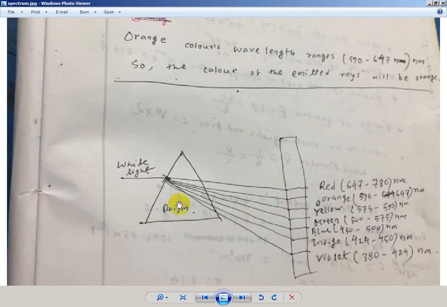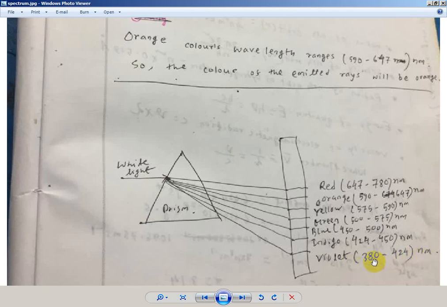If white sunlight falls on a prism, the light is split and forms a combination of colors. This is called a spectrum: violet, indigo, blue, green, yellow, orange, red. The violet wavelength range is 382 to 424 nanometers.